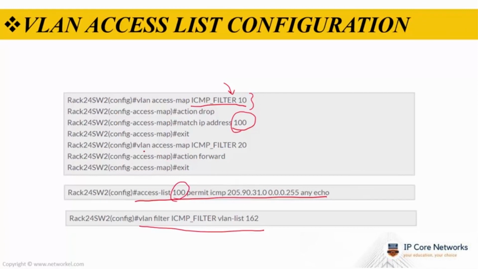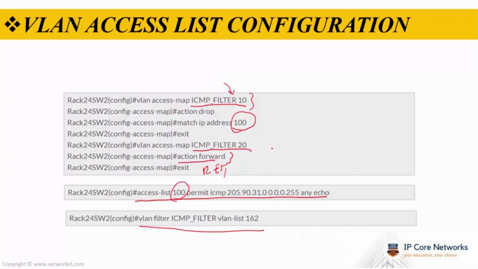And we define another access map, the name is ICMP filter 20, and that's the forward action for the rest. For any traffic other than what is matched by access list 100, that's going to be forwarded.